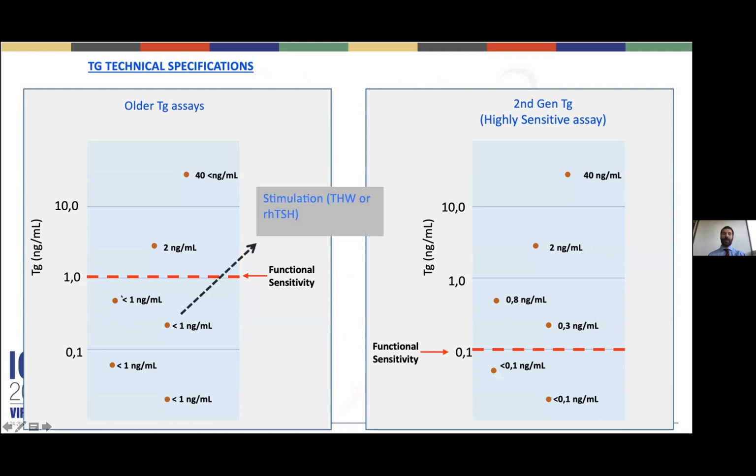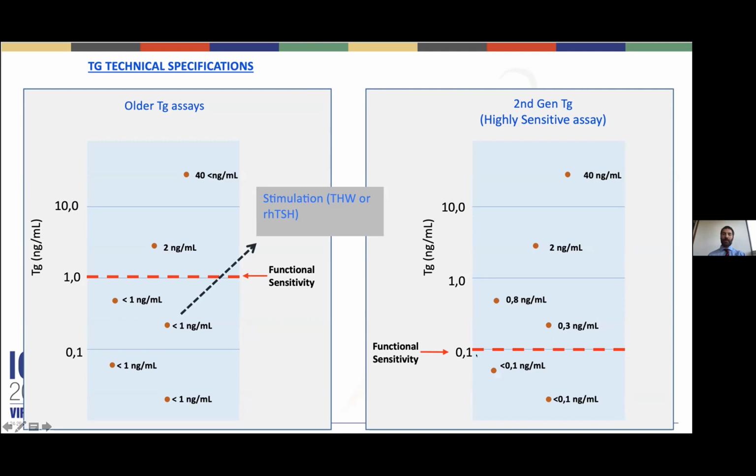So at that time, we used to do a stimulation with either recombinant human TSH or thyroid hormone withdrawal in order to find these patients who had a small value of thyroglobulin, in which case it increased and became detectable.